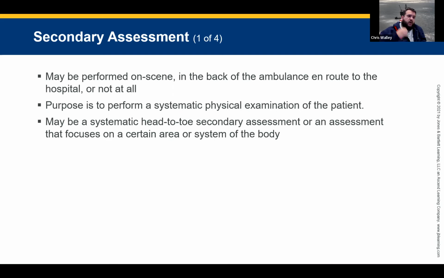It requires me to stay on that arm applying direct pressure for it to stop. The hospital's 4 minutes down the road. I may not have any time to treat that other broken arm because I'm so focused on the life threat, fixing that first. You may just not have time to do the secondary assessment, okay? That's what I wanted y'all to get out of that.